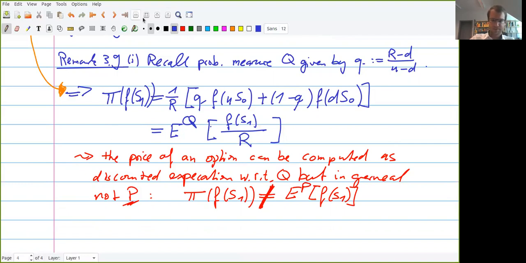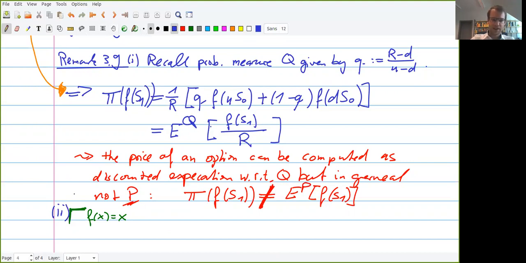Okay, since I promised this, do you understand where the measure Q is coming from? Well, this leads to a second remark.